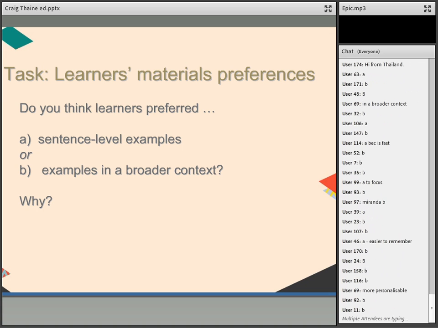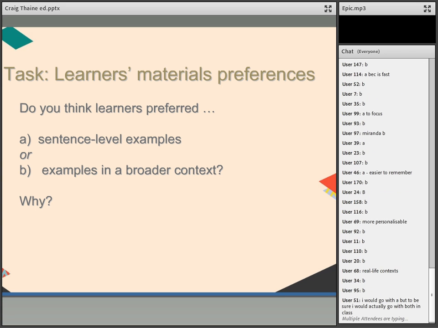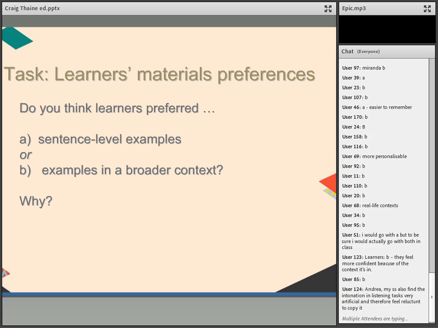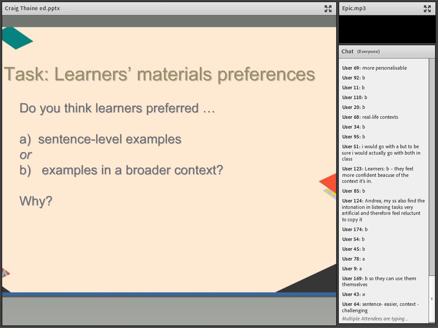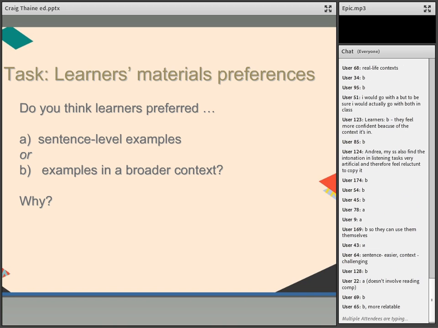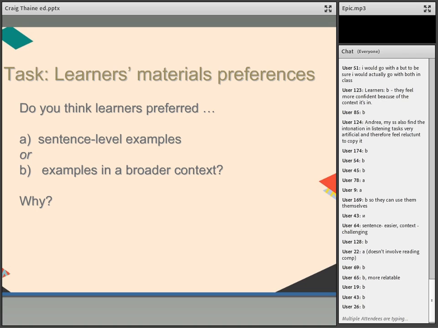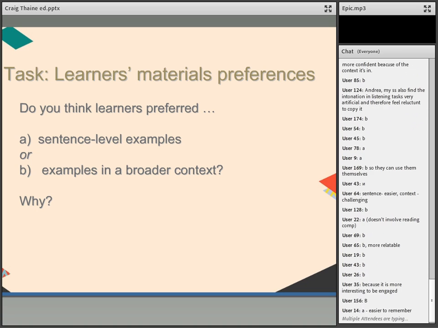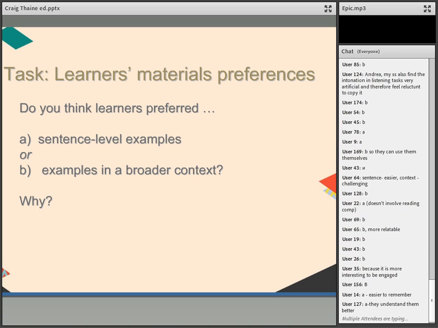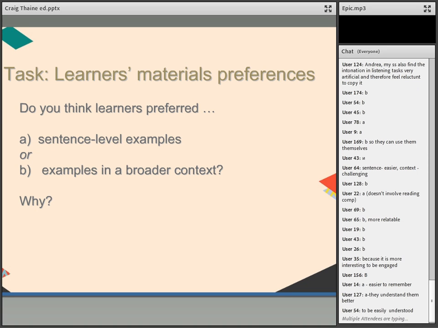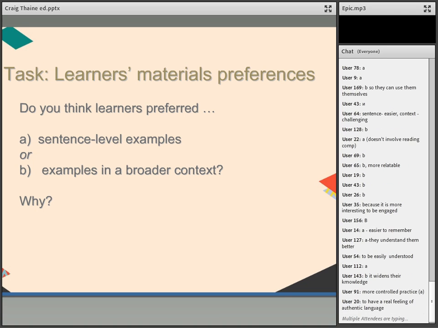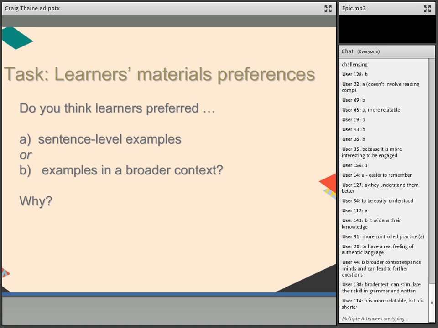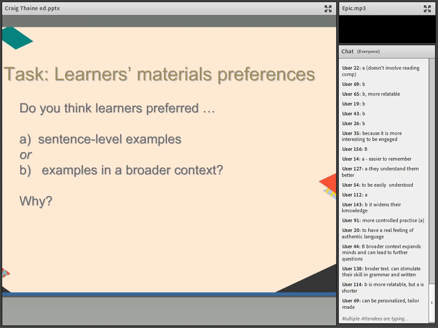Okay, so I think maybe on balance, there's both A's and B's, maybe a little bit more A than B. Okay, it's really interesting, and some nice ideas here as to, easy to remember, it's more challenging, provides a context, it's more controlled. Okay, thank you again for these answers.